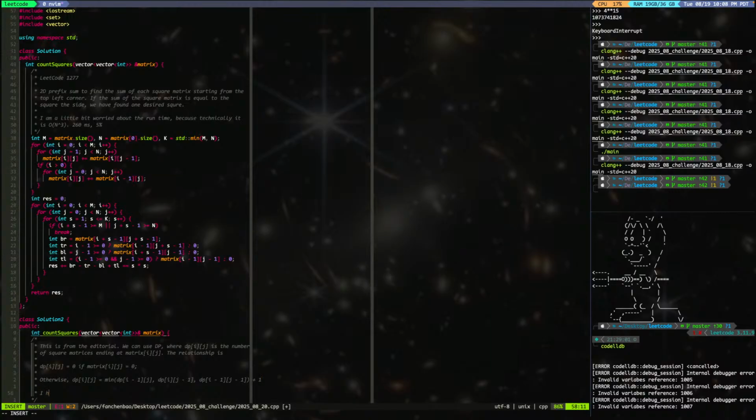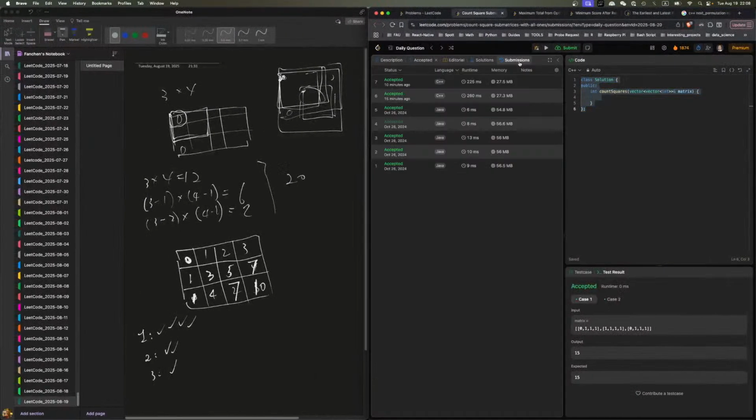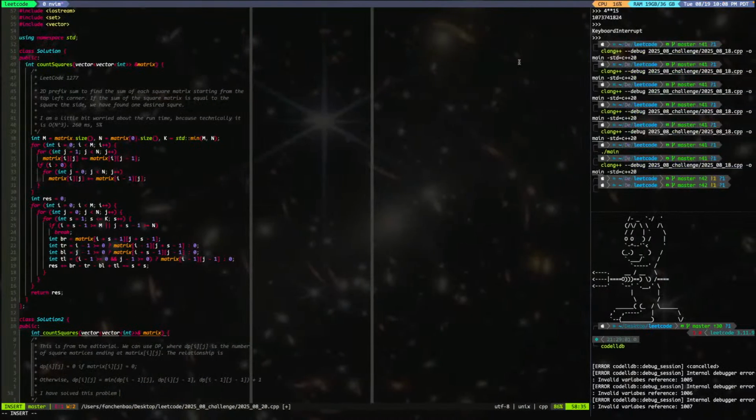I have solved this problem back in when? October 2024, right? I used exactly the same method as solution 1, and I couldn't figure out the DP solution.